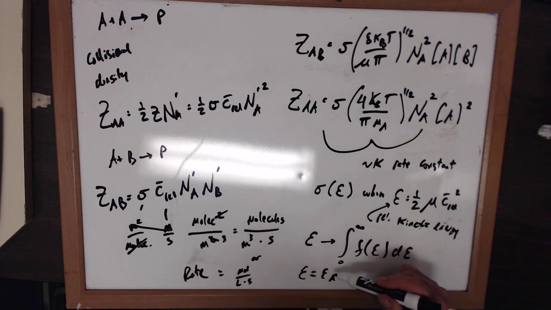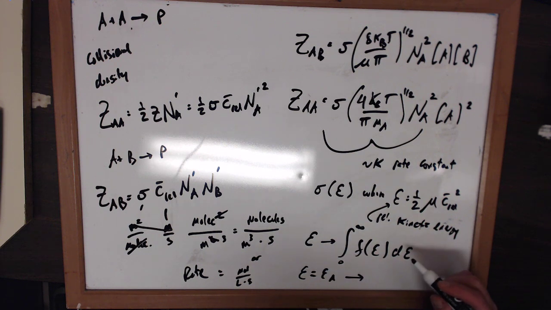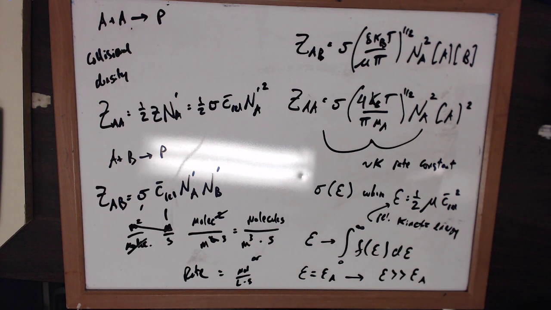In other words, this EA represents our activation energy. So from the minimum activation energy all the way to cases in which eta is, let's say, much, much greater than our activation energy. So we're going to analyze it through those cases. Okay? So I'm going to erase and start fresh here.